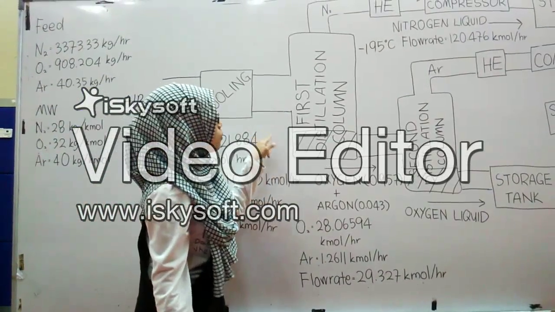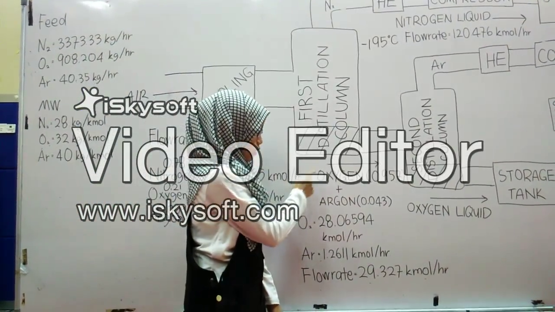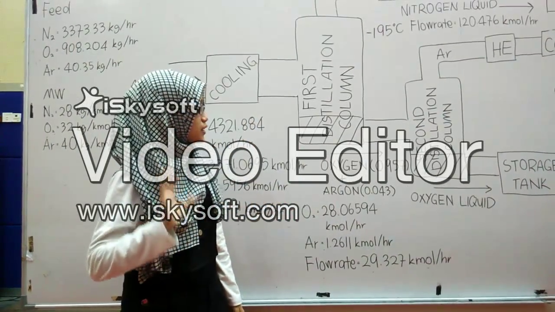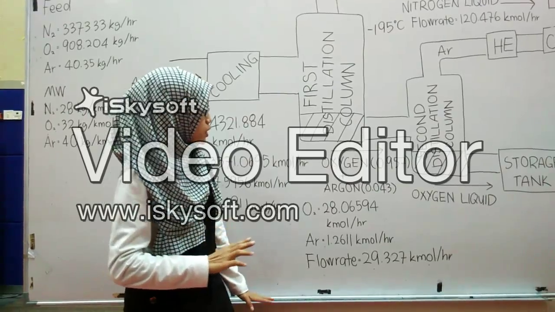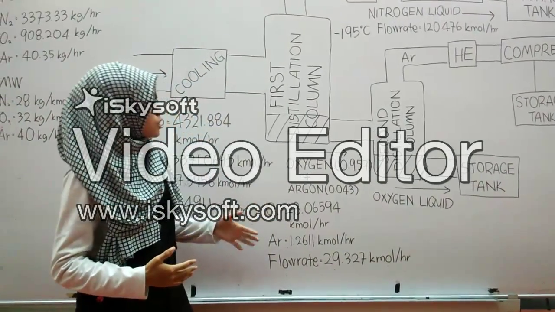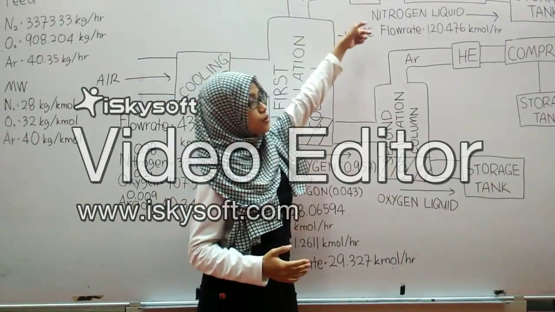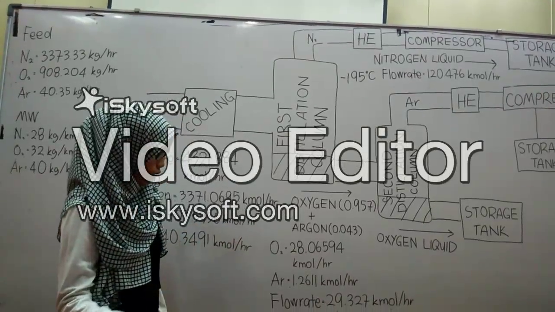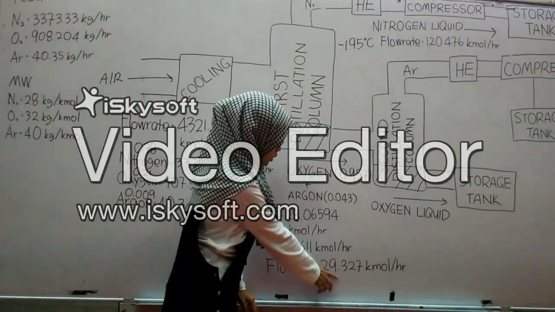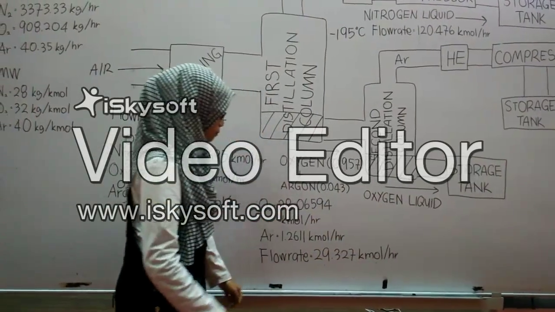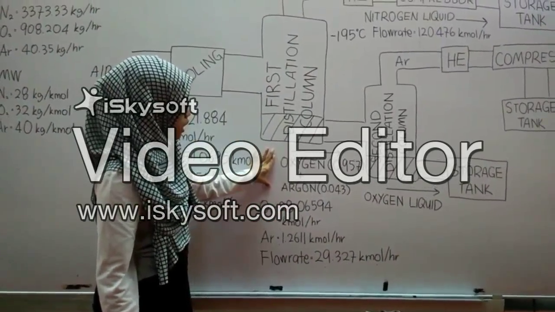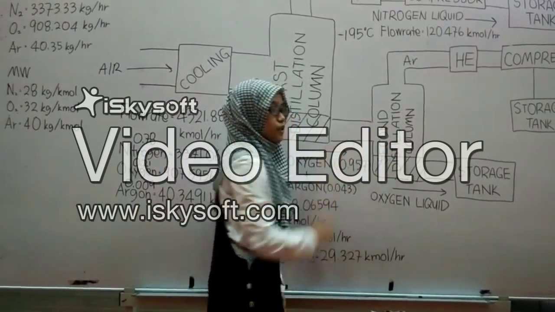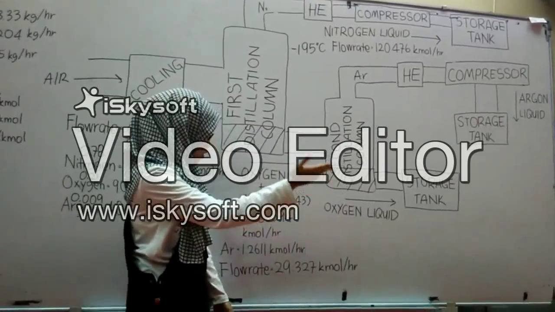Meanwhile, the oxygen and argon still remain as a liquid at the bottom of the distillation column. So, the composition changes because the nitrogen is sucked out at the top of the column. So, the new flow rate is 29.327 kilomole per hour. Oxygen and argon will flow into the second distillation column for further separation.